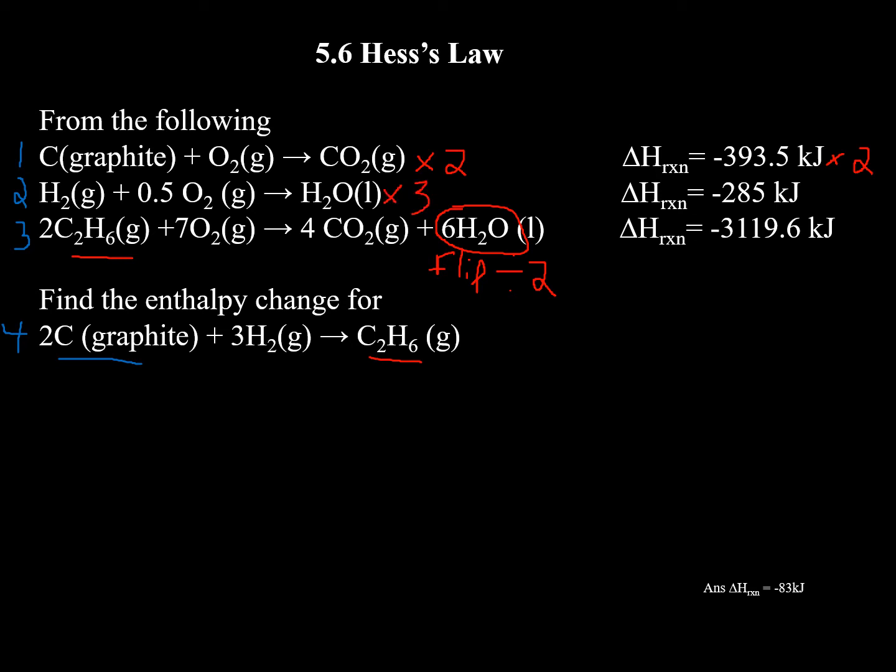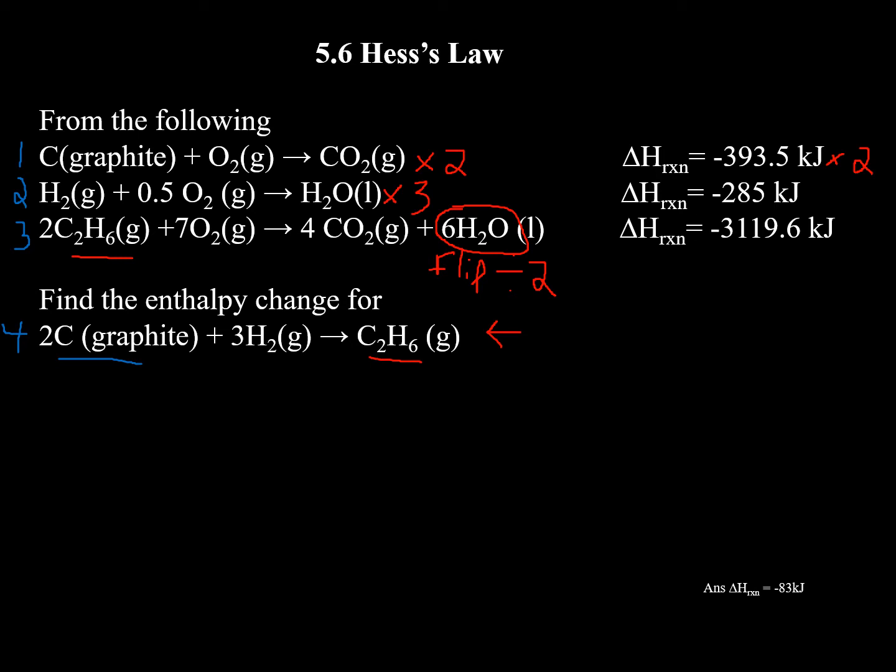We don't observe any waters in equation 4 here. So let's see if this works out. Let's rewrite the equations. Let me redo that. We have CO2 as a product.